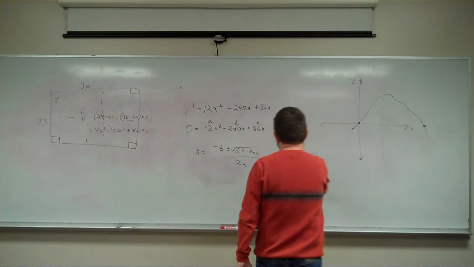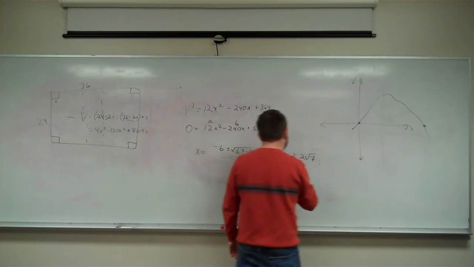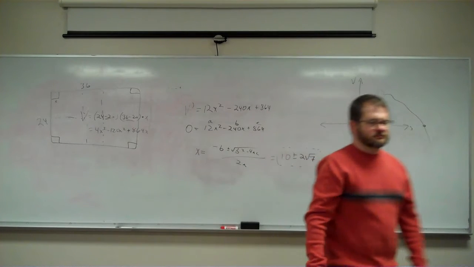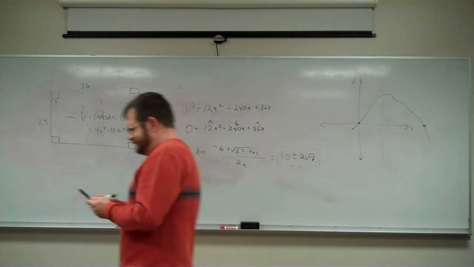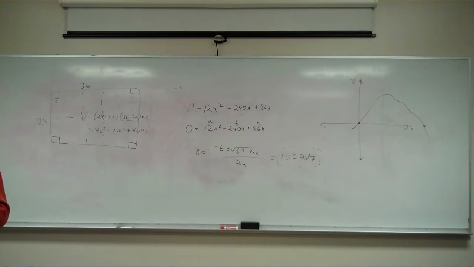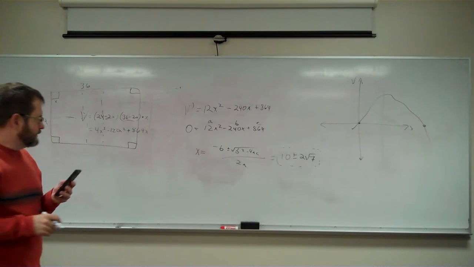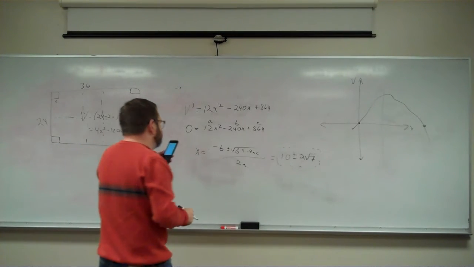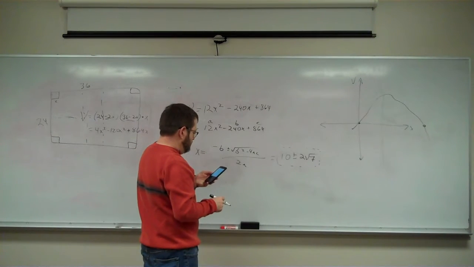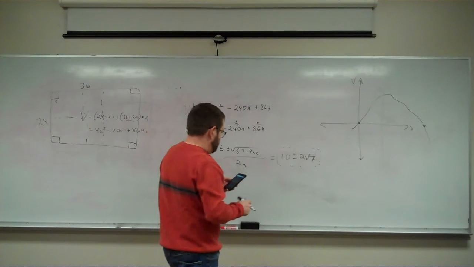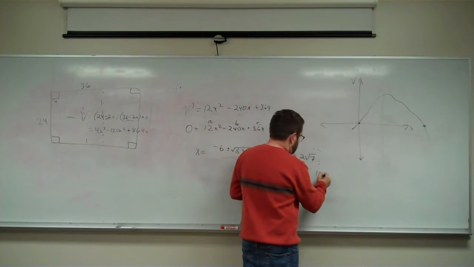I like this problem because notice we've got two solutions here. Let's think about what they each are. What is 10 plus 2 times the square root of 7? The answer is approximately 15.292.